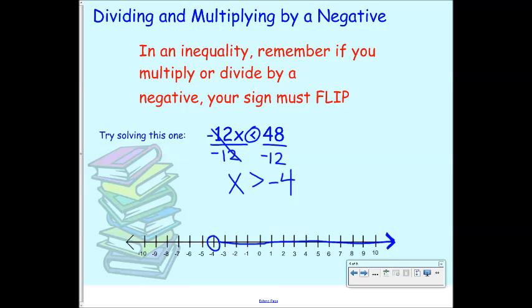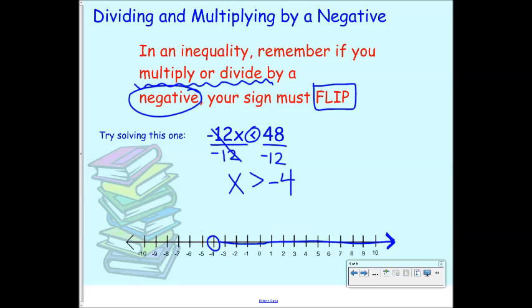So when you are multiplying or dividing by a negative, your sign must flip. All right, so your less than sign would become a greater than sign in this case. And the reason for that is, give me some stuff that's on this highlighted line.